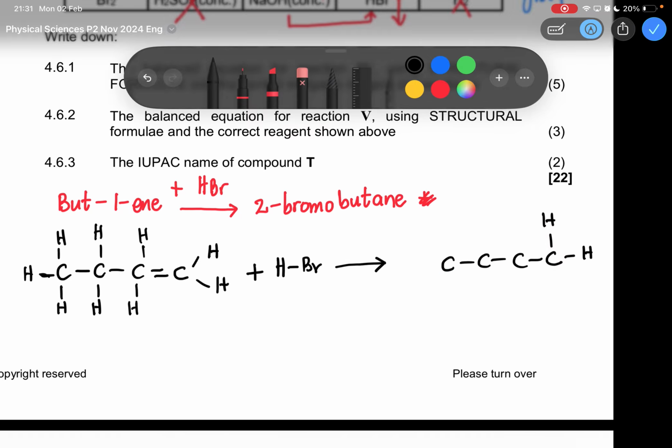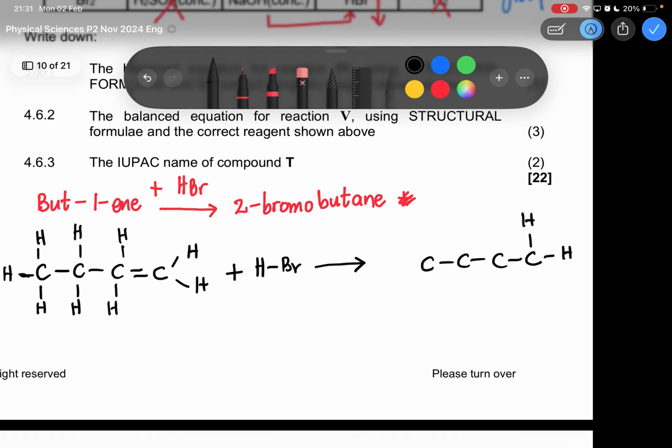I have this number of hydrogens on the last carbon. On the first carbon here, I have 3 hydrogens. On the second, I have 2 hydrogens. And here I have 1 hydrogen. So I'm left with this bond that is not occupied.